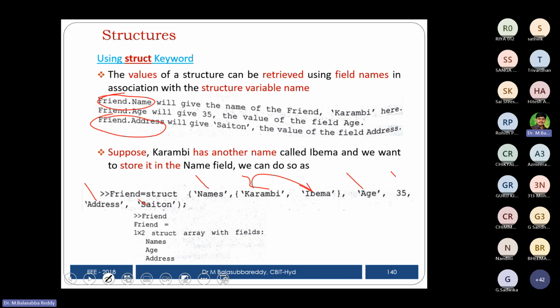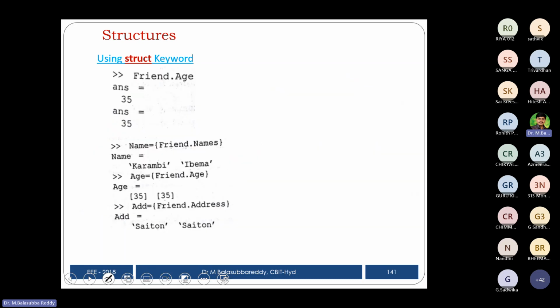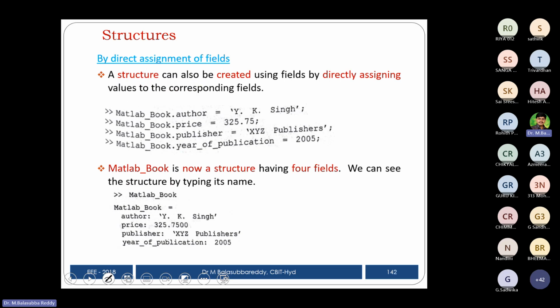But when you mention only friends, our variable, it is going to display the fields available in it. If you want to retrieve the age, you can give friends dot age, and it will simply show you the age. And if you mention friends dot name, we may have two names, that's why we are getting two names here. And friends dot age gives you the age. Like that, we can mention it.